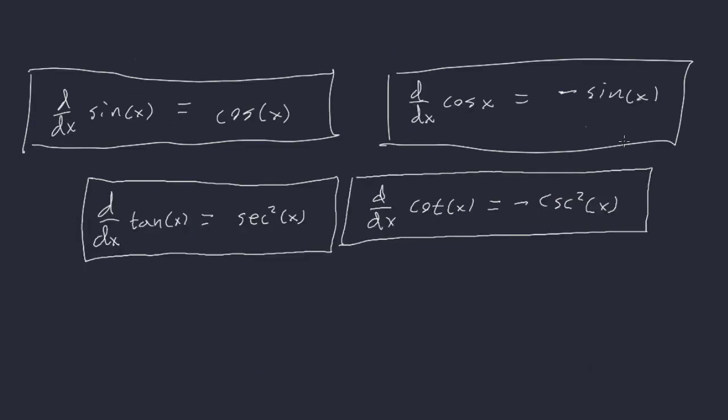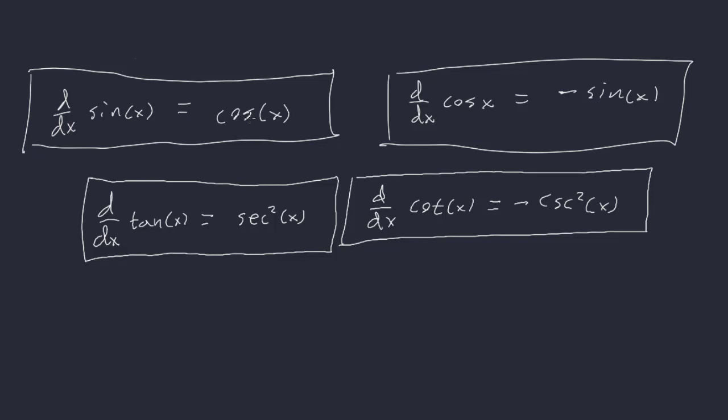Now if we compare these rules that we just found, notice that the derivative of sine is cosine, the derivative of cosine is negative sine. The derivative of tangent is secant squared, but the derivative of cotangent is negative cosecant squared. This pattern is actually going to hold: whatever the pattern is for the normal trig function, the co-function adds in a negative and uses the other version of the similar trig function.